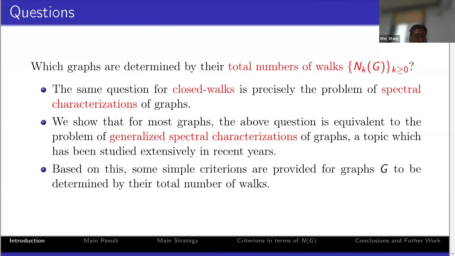We show that for most graphs, the above problem is equivalent to the problem of generalized spectral characterizations of graphs, a topic that has been studied extensively in recent years. From this observation, we can give some simple criteria for a graph G to be determined by its total number of walks. Later I will show you some examples.